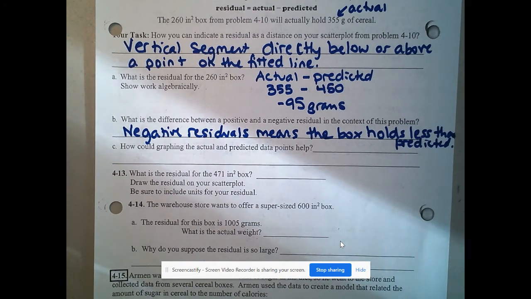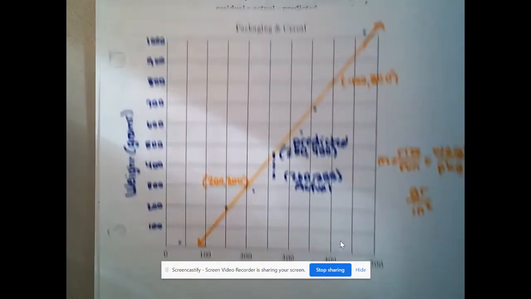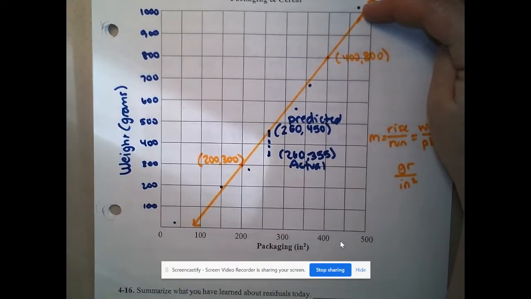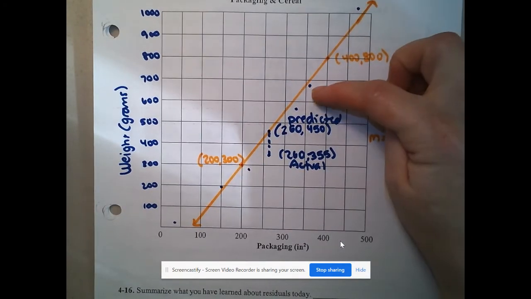How could graphing the actual and predicted data points help? Well, one thing that we do is we really should have the same number of positive residuals as negative residuals. That's the reason that we try to split our points down the middle when we're doing the fitted line. So here we've got a positive residual. This box held more than we predicted. Here we've got a negative residual.